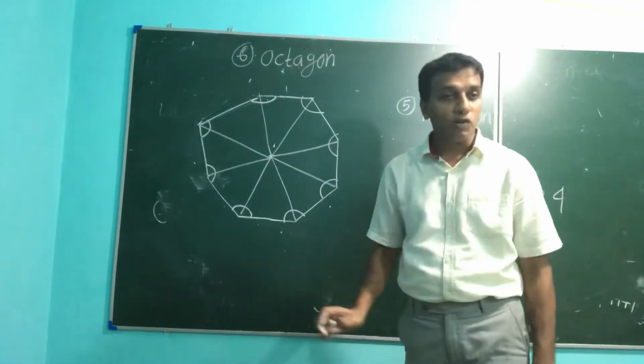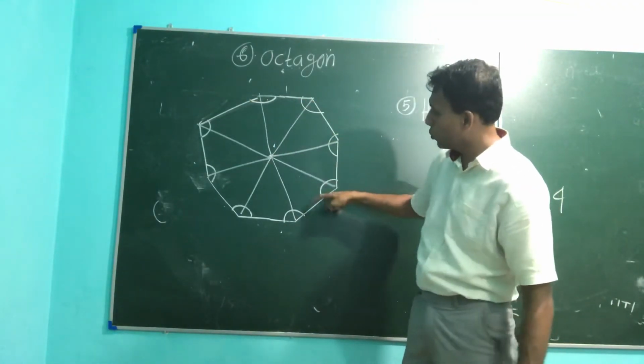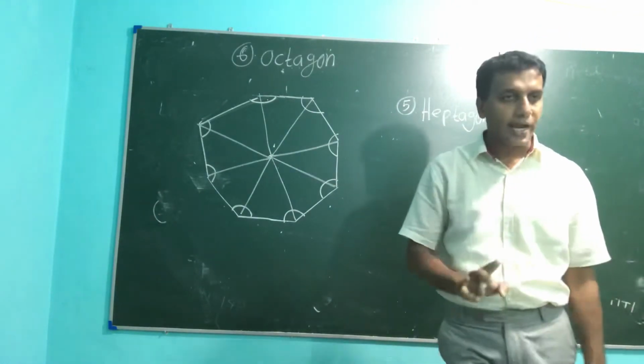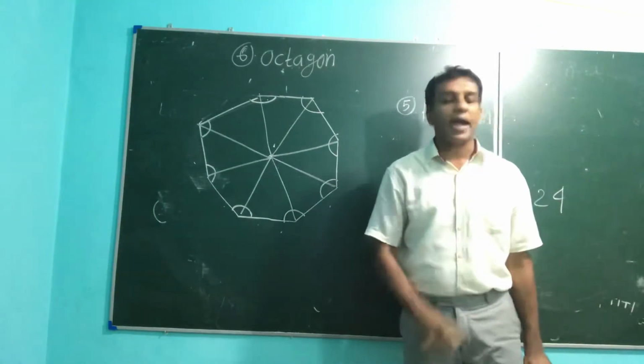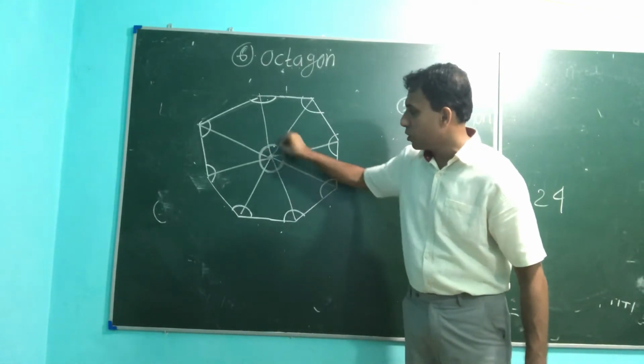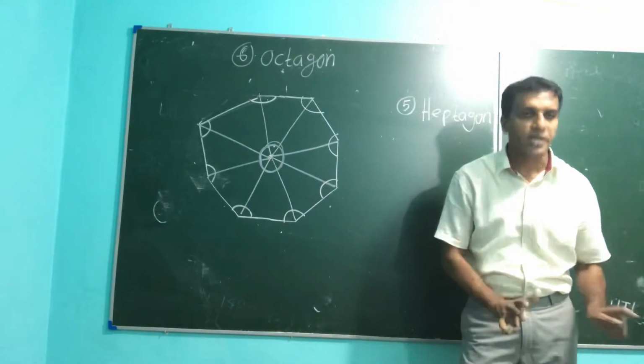But in this figure we need how many angles? Here 2, 2, 2, 2, 2. We need 16 angles, 8 times 2, 16 angles. These 8 angles are not necessary for our problem under the octagon, right?